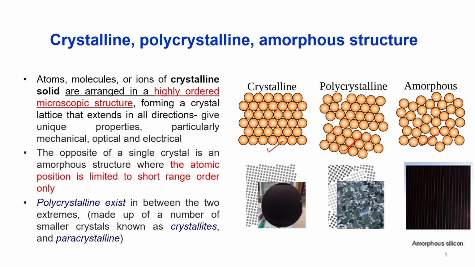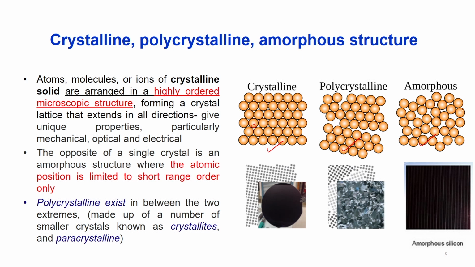The atoms, molecules or ions are arranged in a highly ordered microscopic structure, forming a crystal lattice, as you can see here, that extends in all directions and gives unique mechanical, optical and electrical properties.